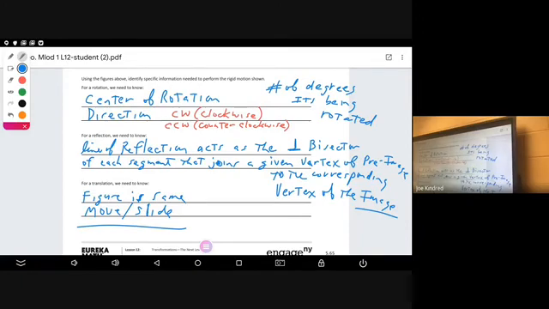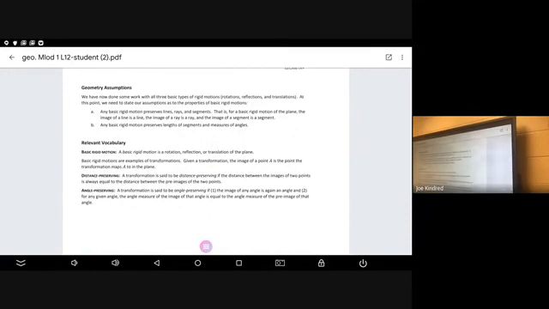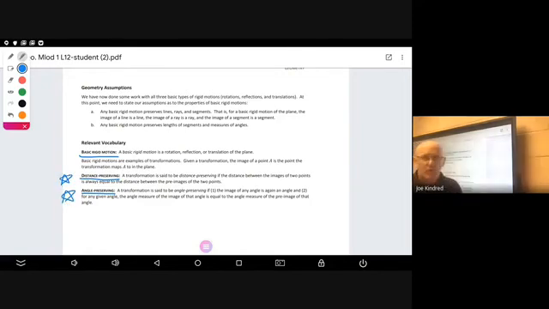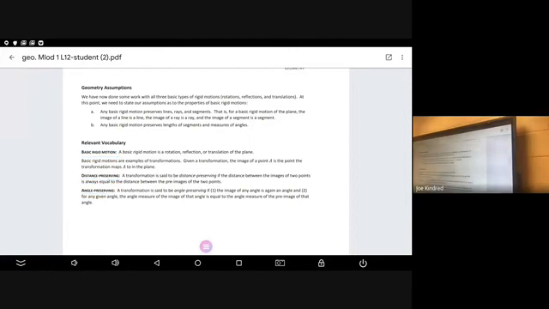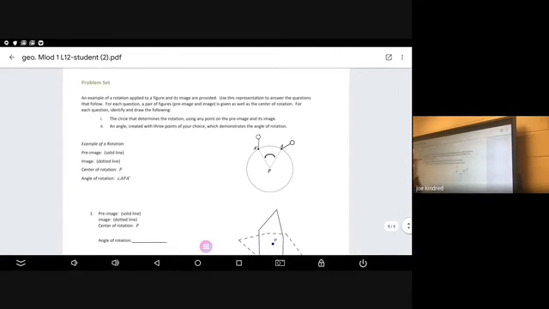Take a moment and we're going to finish this up with the idea of what we are asked to do. Make sure you read over what a basic rigid motion is: distance preserving and angle preserving. These are key ideas to what we're talking about with regard to transformations. And then finally, in your problem set, you're going to be asked to look at two problems where you're going to determine the angle of rotation.